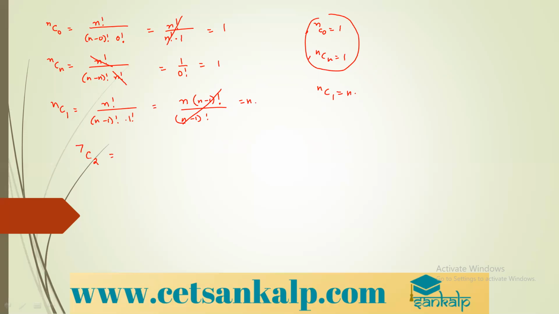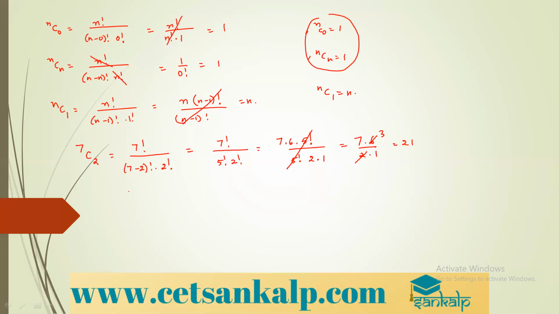If you use the formula n factorial by (n minus r) factorial into r factorial, you write 7 factorial by 5 factorial into 2 factorial, as 7 into 6 into 5, stopping here putting factorial so that 5 factorial and 5 factorial cancel. 2 factorial you can write as 2 into 1. So 7 into 6 by 2 into 1 becomes 21.